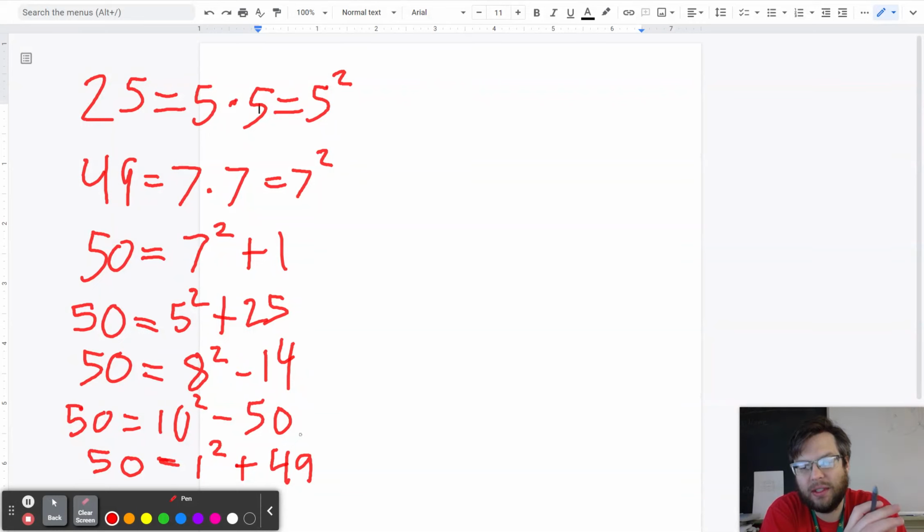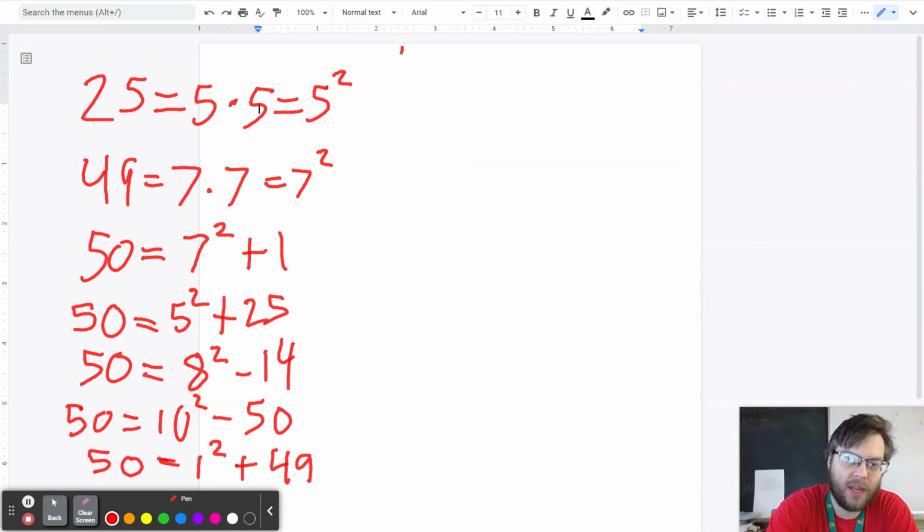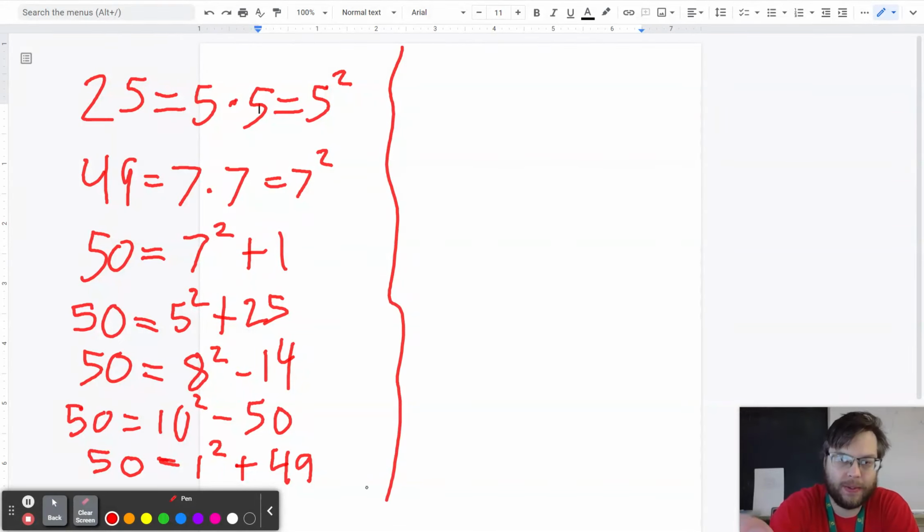So there are lots of different ways that you can take a number that's not a perfect square and write it as a perfect square plus or minus some leftover bits. And so what we do now is we look at quadratic equations.